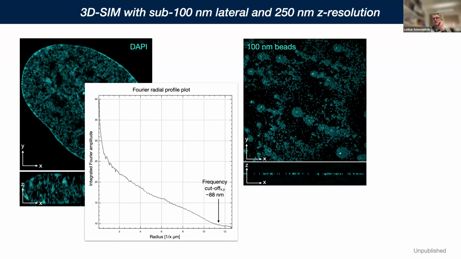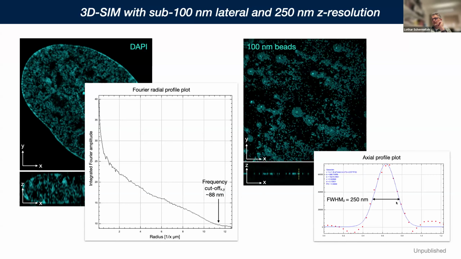That's really nice. And if we look at axial resolution using 100 nanometer beads and checking the full width half max, it is 250 nanometers. So that's well in the range of 3D STED, but with much more efficient, much better contrast transfer.